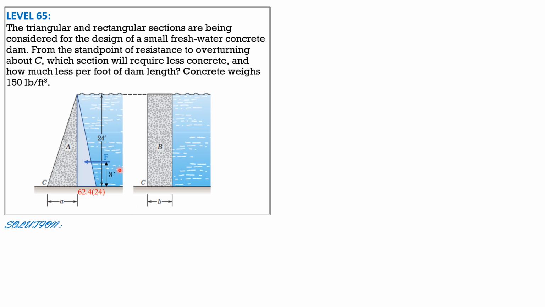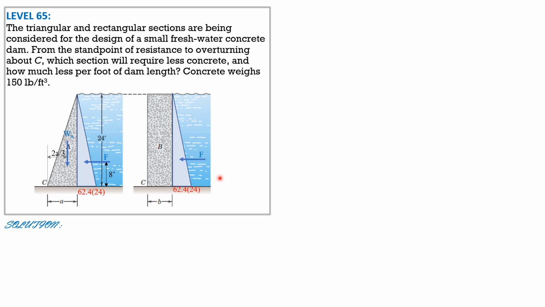Then the weight is denoted by WA. It is acting 2/3 of A from C, about which overturning is possibly occurring. So 2/3 of A. And for part B, this is also 62.4 times depth 24.